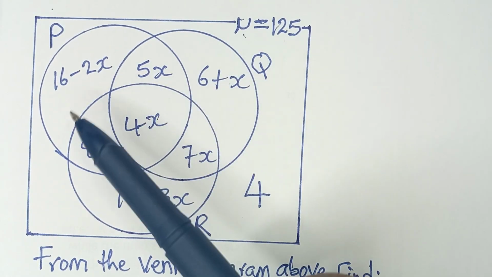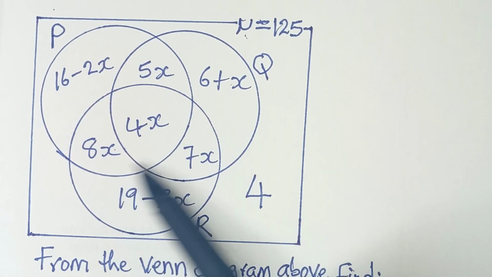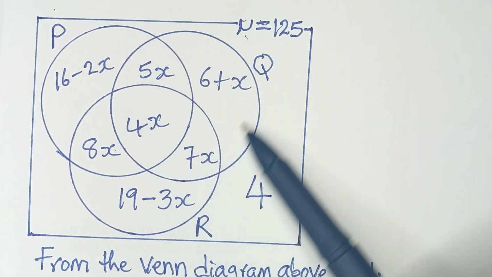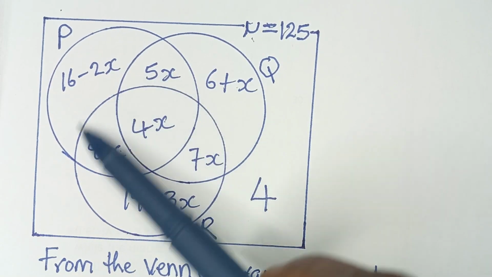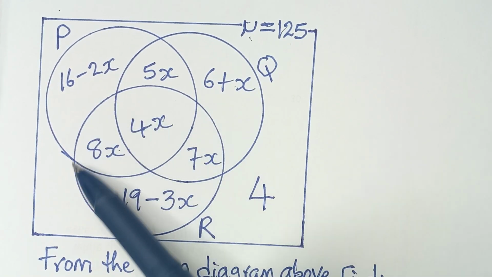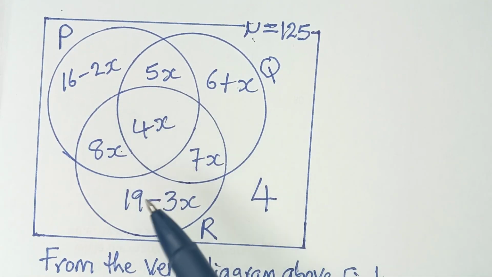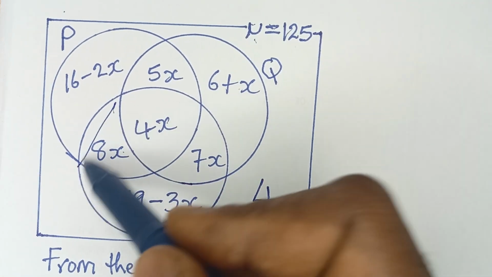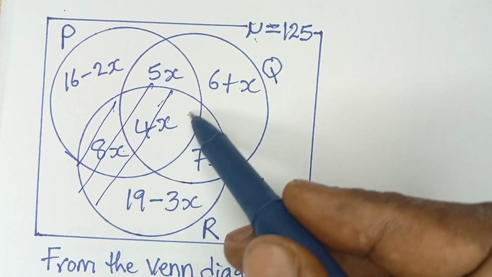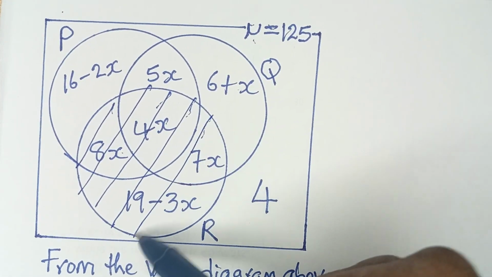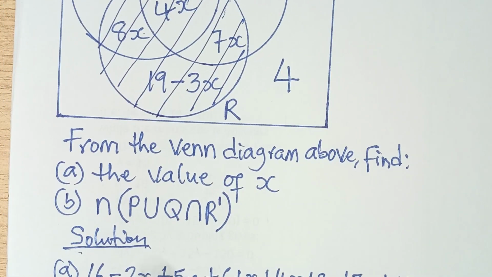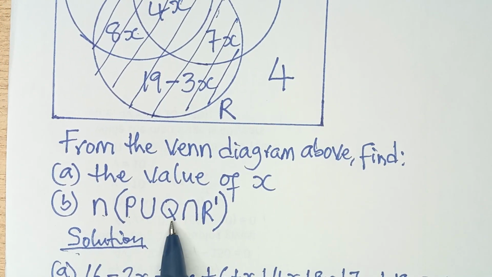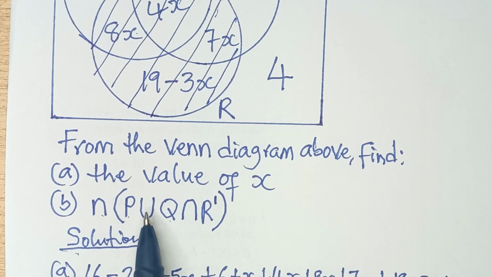So the question says we should find the number of P union Q and then intersect the complement of R. Intersect the complement of R means we have to remove R. So I can simply do this to remove R. P union Q is the part that is P and the part that is Q, we combine them together.